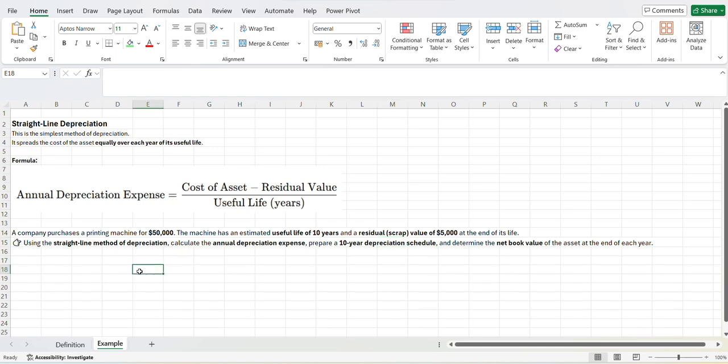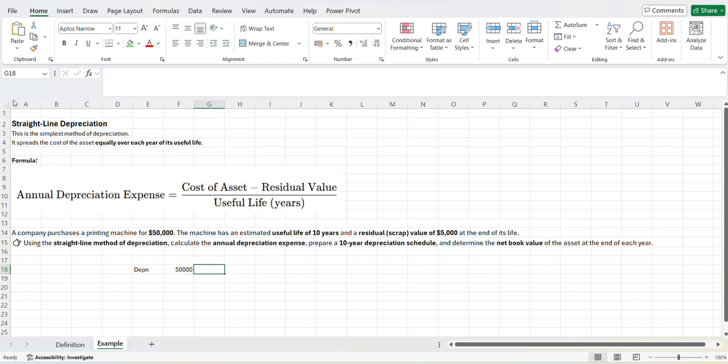Alright. So depreciation equals, what is the cost of an asset? We are using this formula. So what is the cost of an asset? It is 50,000.